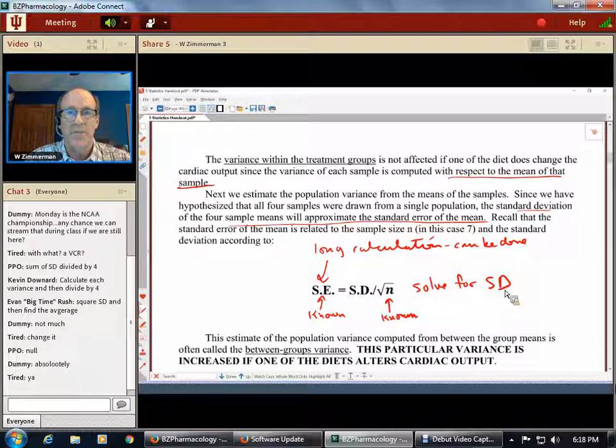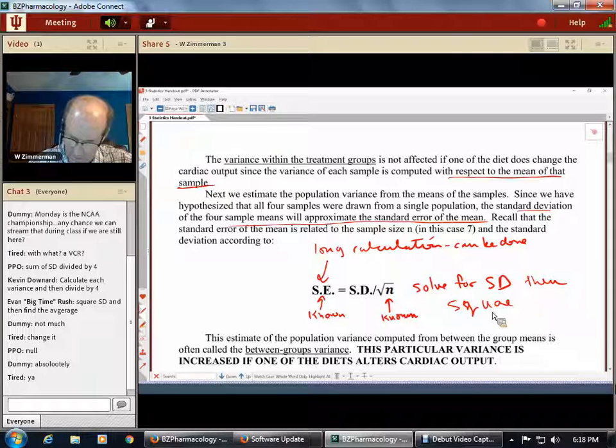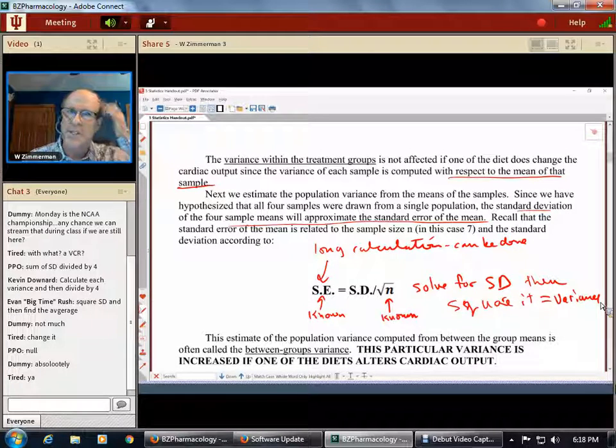Once you get that standard deviation, square it, and then you've got variance again. See, this is a different way of getting variance. And what we're going to do is compare this variance to the variance that we calculated on the previous page.